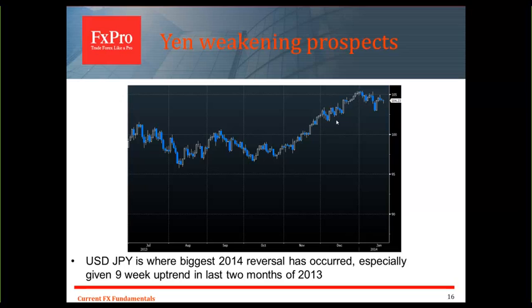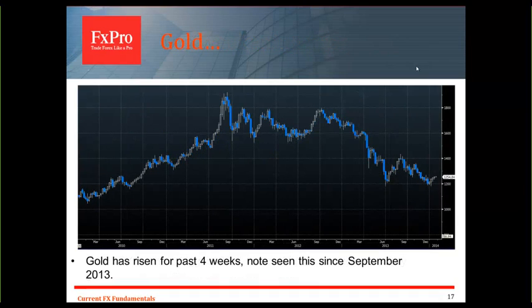So you could say technically it's probably looking a little overbought from a momentum perspective, at least on dollar yen. So naturally, I think we've had some pullback. But I think within that, there's also concerns that this consumption tax will potentially have an impact on the economy as we go forward.